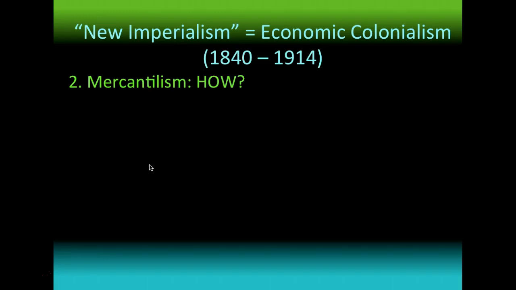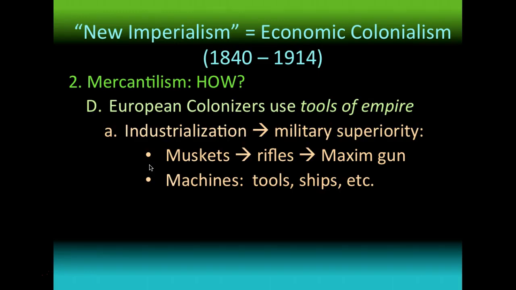How does mercantilism work? Well, European colonizers use what is called tools of empire. First of all, with European superpowers industrializing and creating factories to create tools and products, this propels the European world into military superiority.